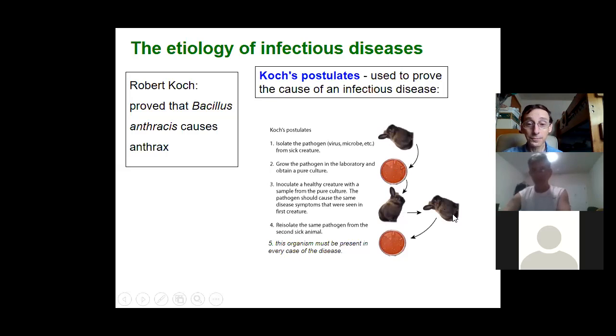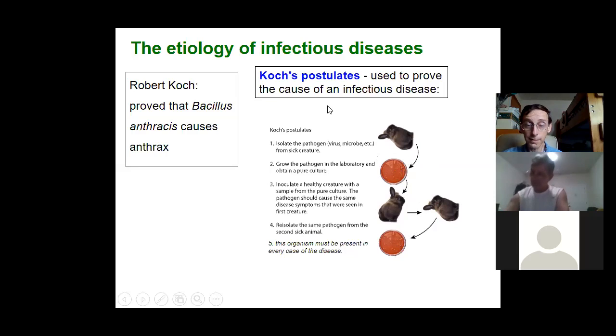And then that's still not enough. Dr. Koch says you now have to isolate from this sick organism the same organism that you isolated from the first sick organism. And if all of these are in place, and this organism is present in every case of the sick organism, then you show that this organism causes this disease.